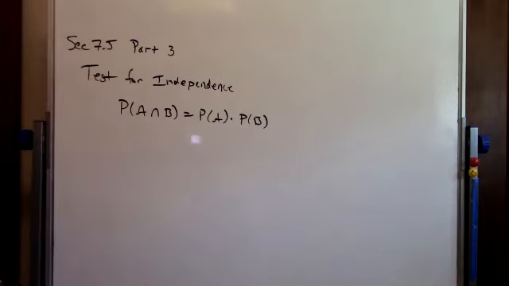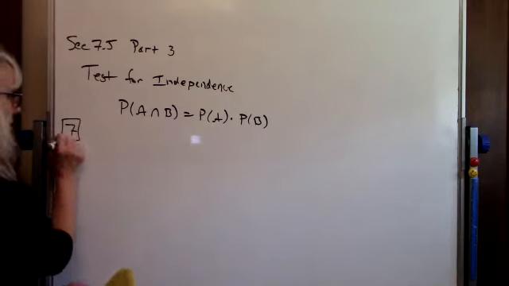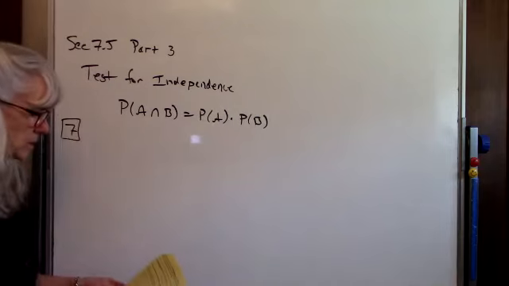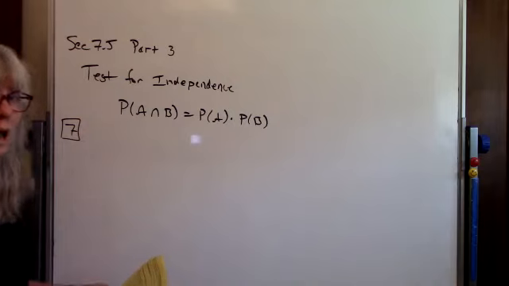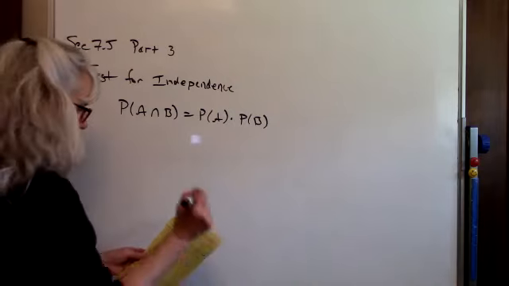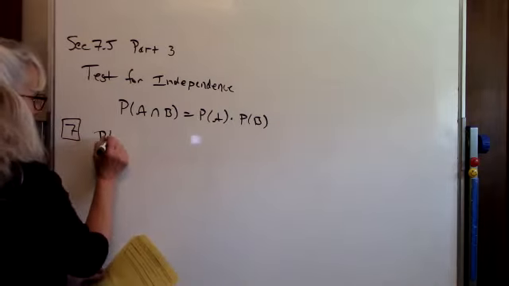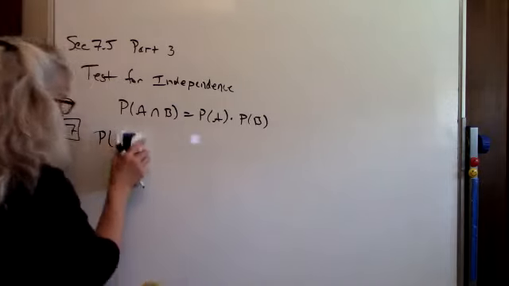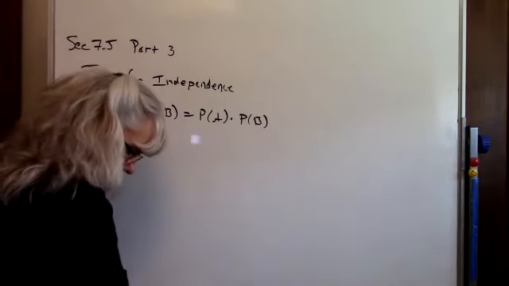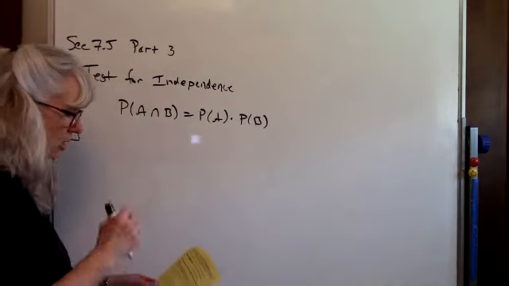So this is example, I think we're up to 7 for the section. Example 7. Consider the experiment of tossing a fair coin twice and observing the outcomes. So we're going to let E be the event of heads on the first toss.